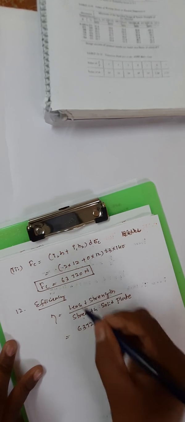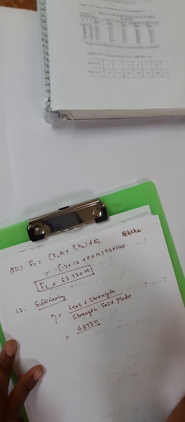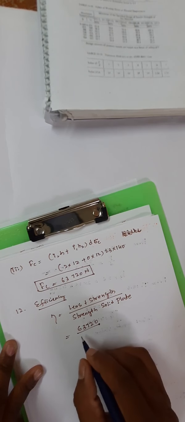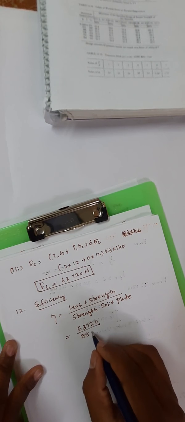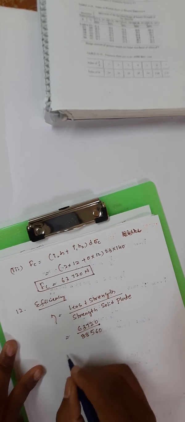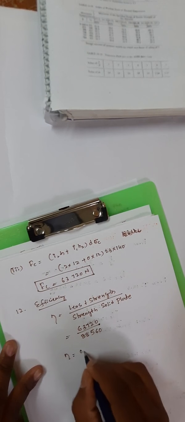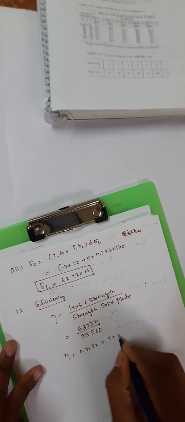This is the least strength compared to tensile, crushing and shear. Here crushing strength is the least strength with respect to this problem, divided by the maximum strength, that is 88560. If you simplify this, efficiency is equal to 0.7192, that is equal to 72%.